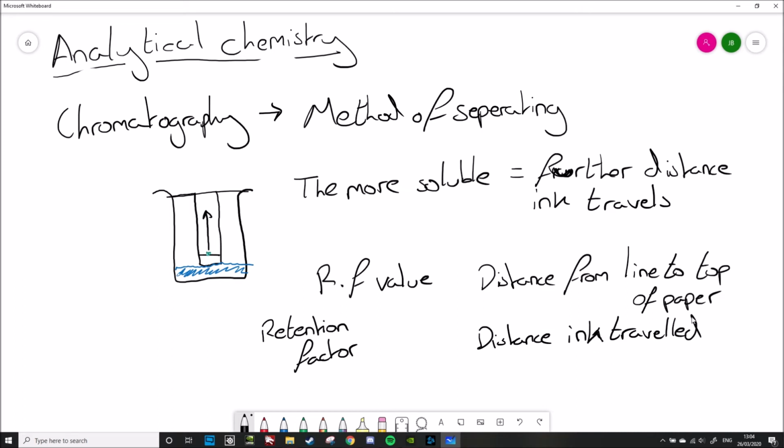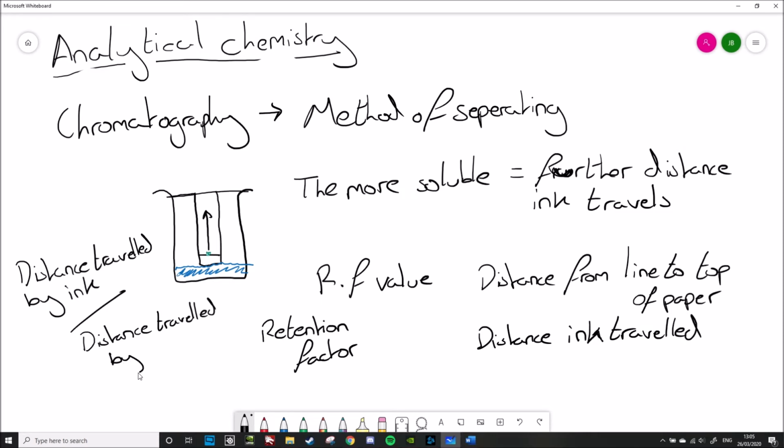So once we get these two, we can then do a bit of maths behind it. Okay, so the maths involved is distance travelled by ink divided by distance travelled by the water.